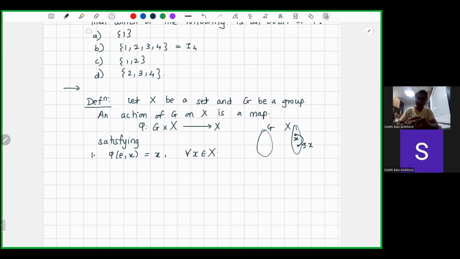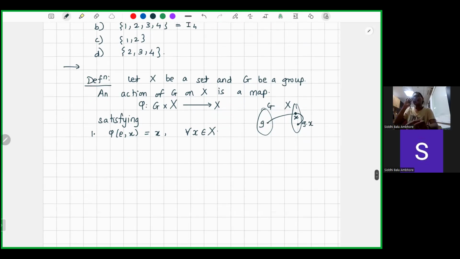When I say G acts on X, it goes to some element which is again an element in my set X. And if the identity element e of my group G acts on any element of X, that must fix that element.